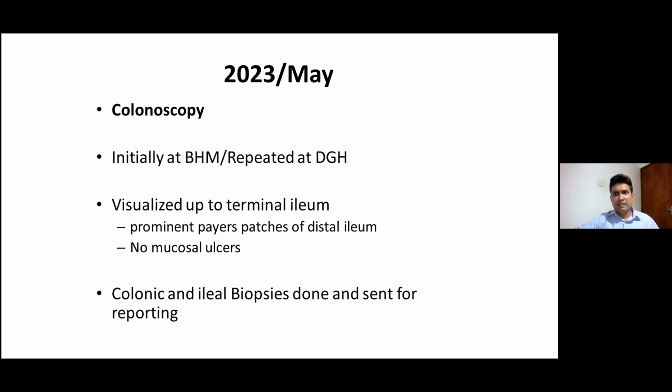But apart from that, there were no macroscopically visible ulcerations or any other abnormalities. So colonic and ileal biopsies were done at that time, but unfortunately we had to wait nearly 1 month until reports were available because at that time there was no pathologist at the hospital.